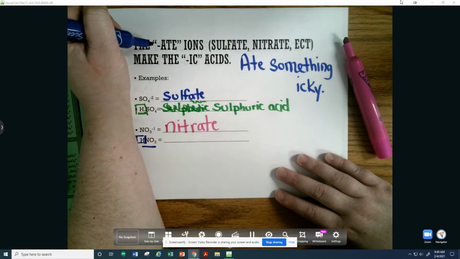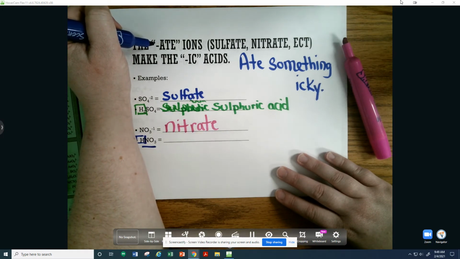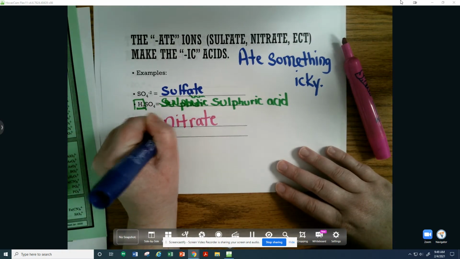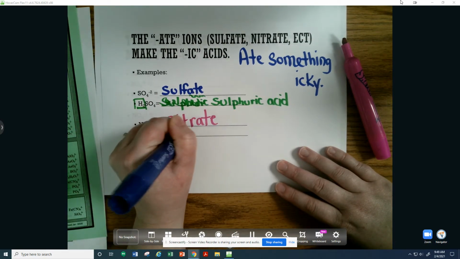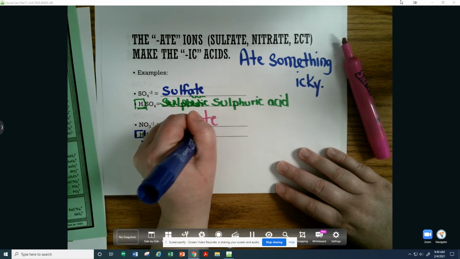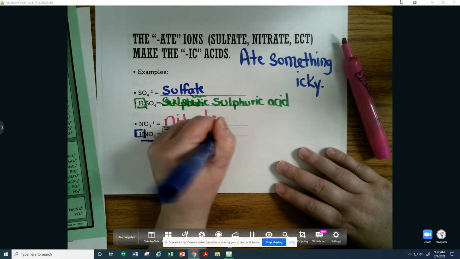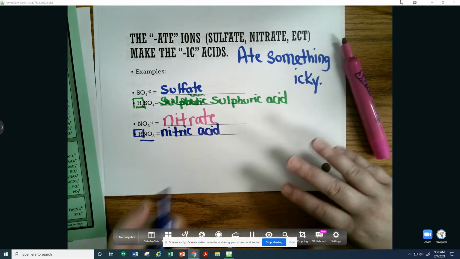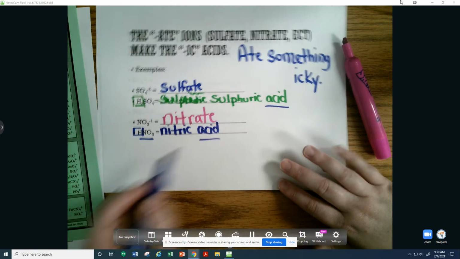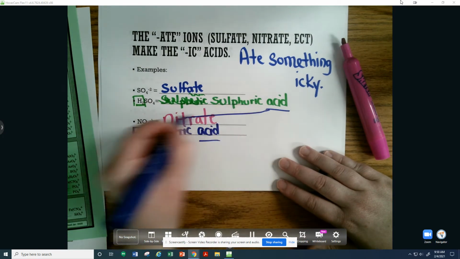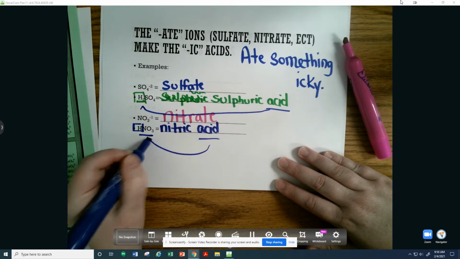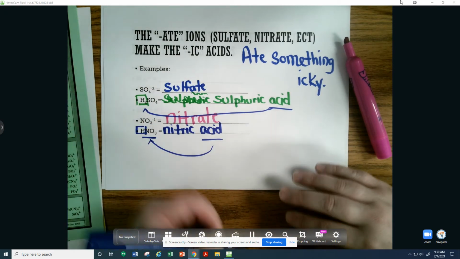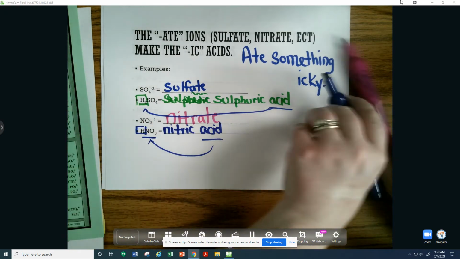Because it's an oxyacid and it contains an -ate polyatomic, -ate changes to -ic, so this becomes nitric, and then the second word is always acid. So in all naming systems, whether it's a binary or oxyacid, acid will always be your second word. That always links the fact that you have a hydrogen cation. We are now not using the prefix hydro because we are not working with a binary acid.